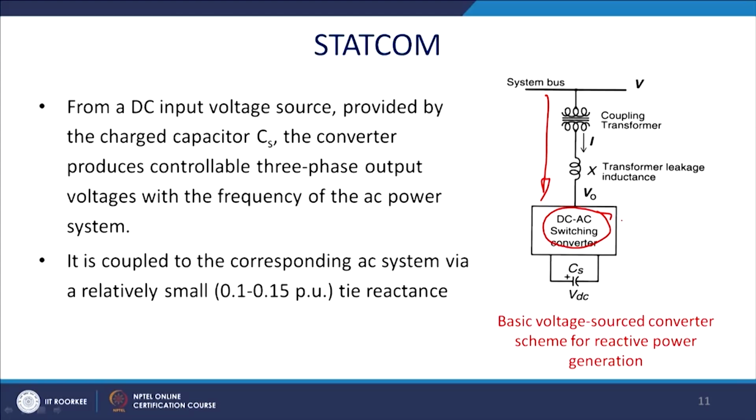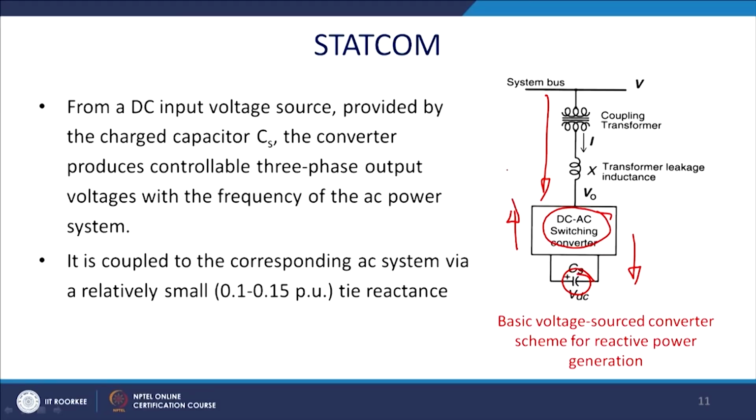So this device will act as a converter. It converts the DC voltage and generates AC in this direction. So bidirectional energy will be propagating here, and thus the current should be bidirectional, and that is a feature of the voltage source converter.